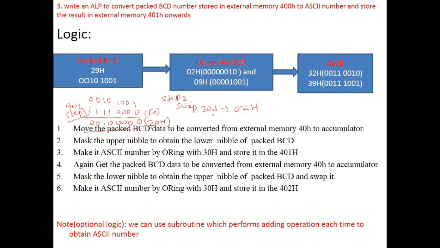Okay, now step 3 is we need to extract 9. Correct, we need to extract 9. In the same way, here we need to mask the higher nibble.